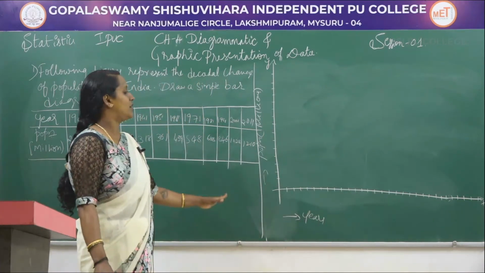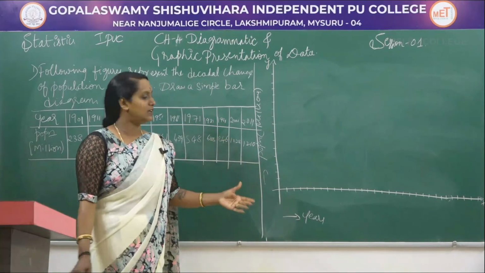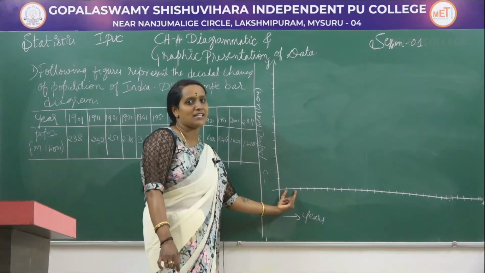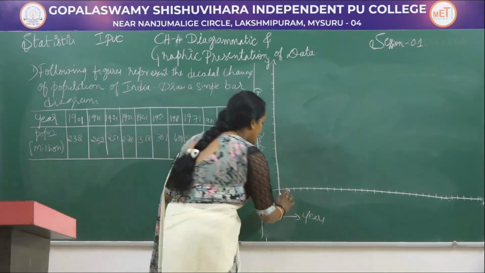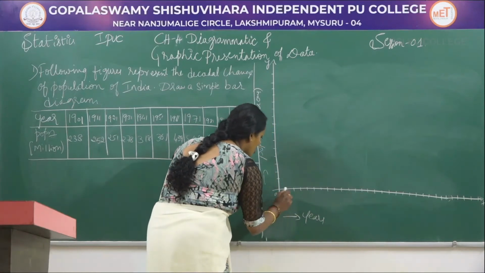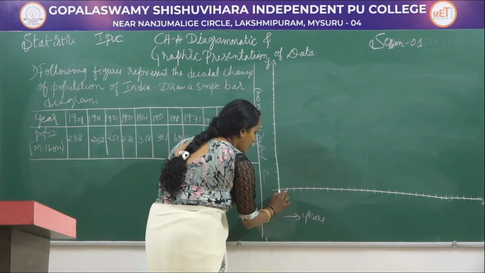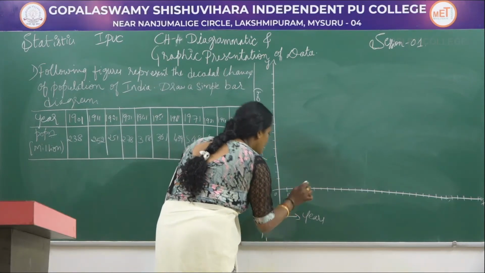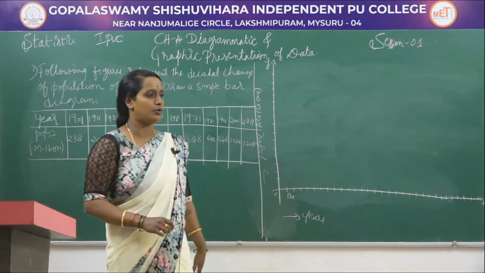I'll take this whole 1 centimeter as 1 year. These two together I have taken at 1901. This is the year I am denoting.